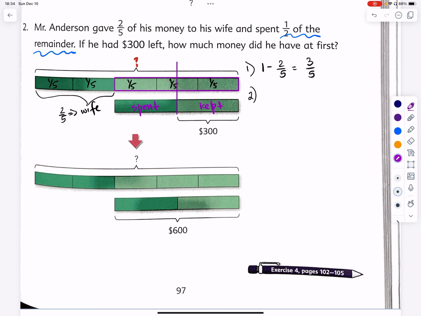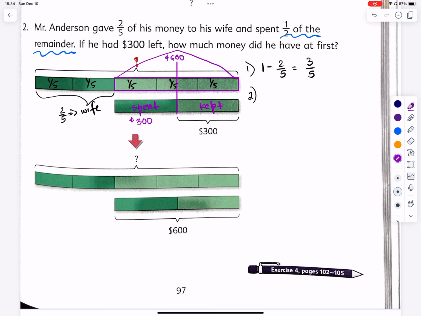And we know that whatever he kept was $300. My friends, just by looking at the drawing, we know that if he was left with $300, that means he also spent $300, right? Because we know it was a half, which means that this is the portion of his money, $600, that was left after he gave away to his wife.